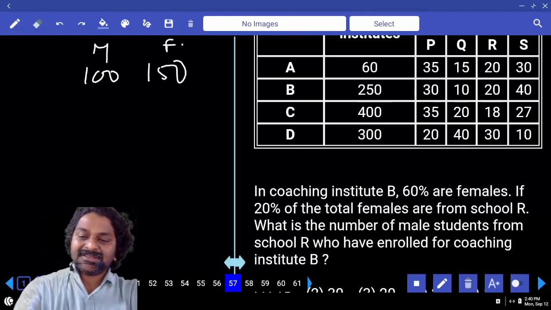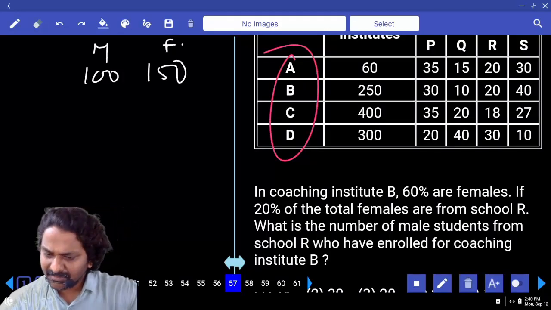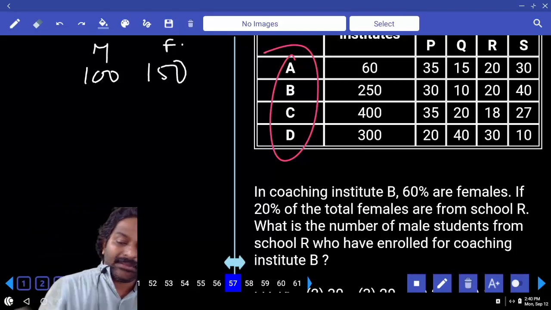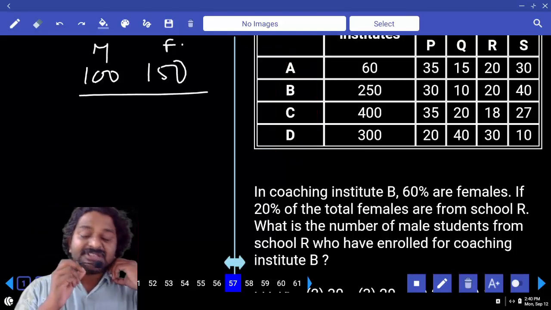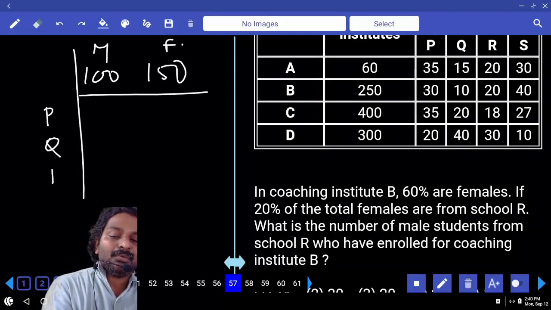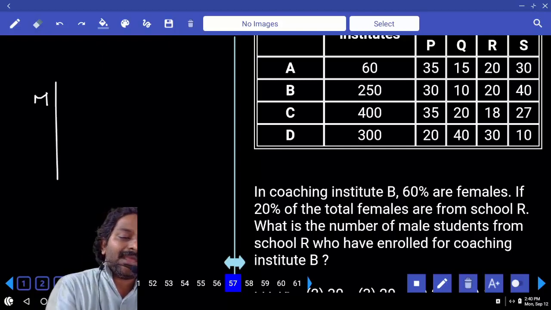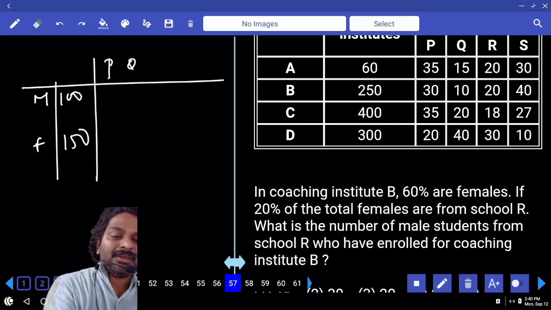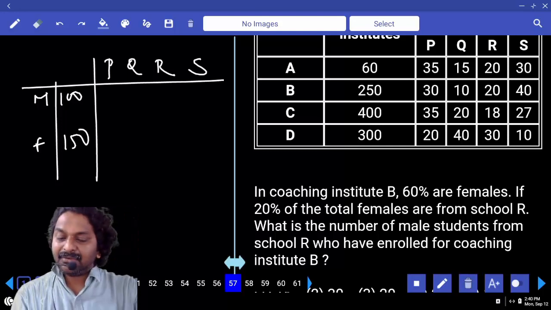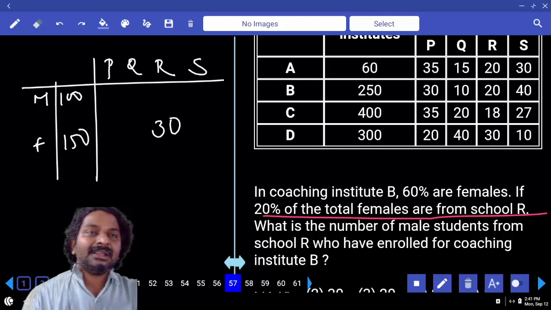We have 4 schools. Oh, school R, okay. So this is for institution B, and for B we have P, Q, R, S. Clear, male and female. Male 100, female 150. Now we have P, Q, R, S. 20% of the total female are from school R. 20% of female, 30. They are in R.